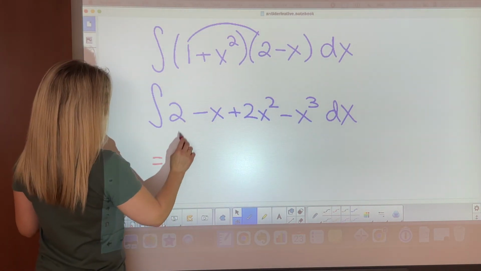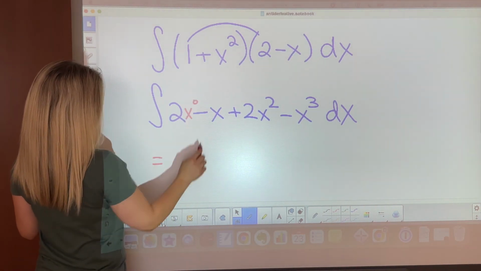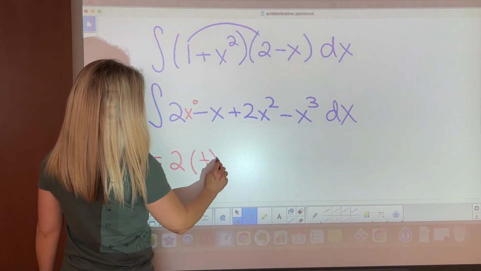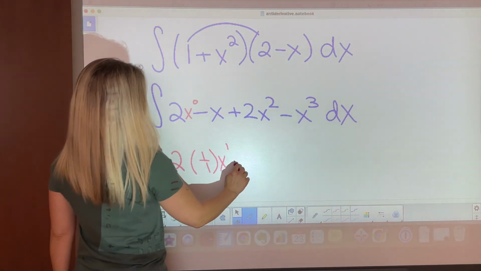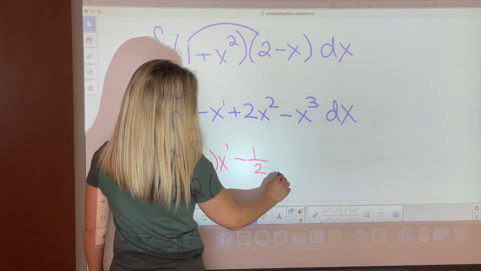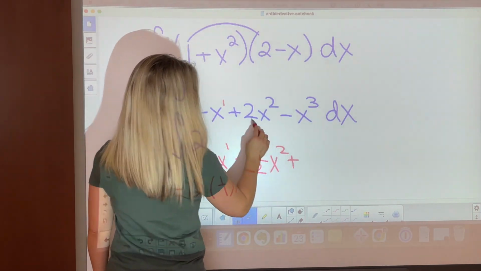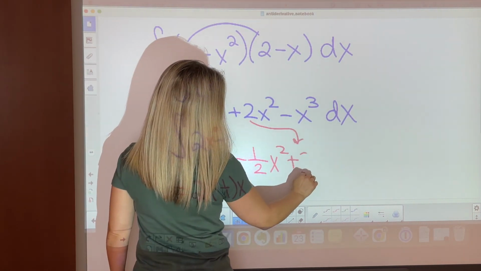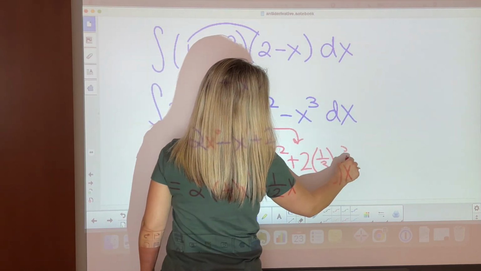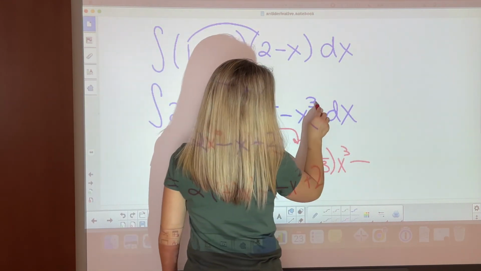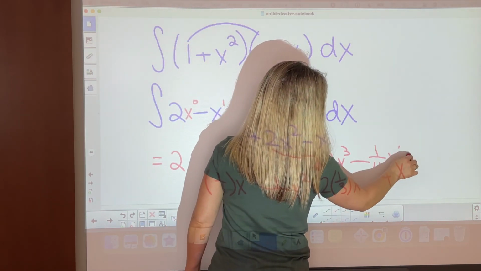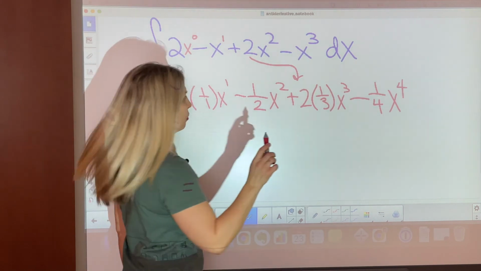This 2 is really x to the 0, remember? So the 2 comes down, then you have 1 over 1, x to the first, minus, this guy is x to the first, 1/2 x squared, plus, this 2 comes down first. Now I'm going to add 1 to that exponent, minus, and add 1 to this x cubed, so that becomes x to the 4th, plus c.